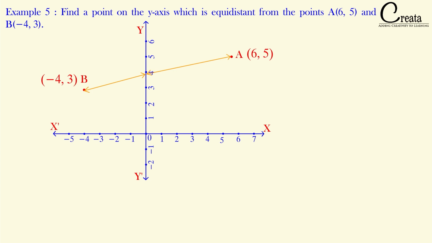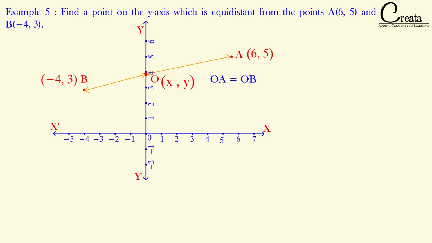We have to find a point on the y-axis from which the points A and B will have the same distance. That is equidistance. Let's assume a point O on the y-axis. Let's give the name to this point as x, y. And from this point, we are assuming the distance to point A and the distance to point B is equal. That is OA is equal to OB.